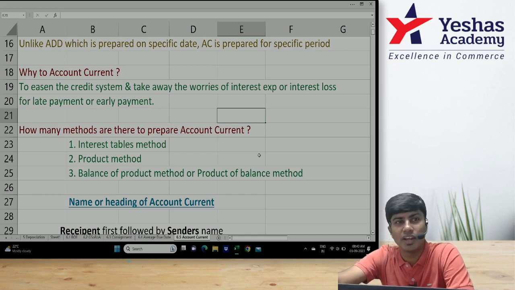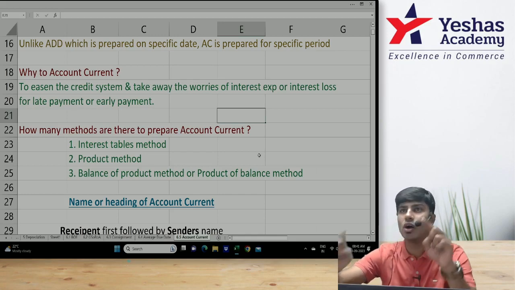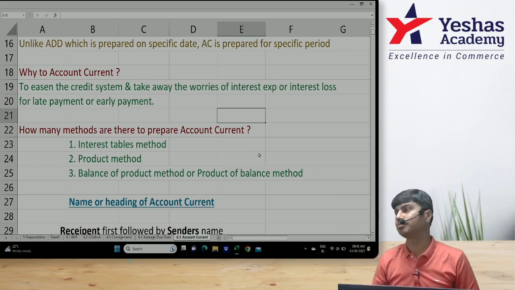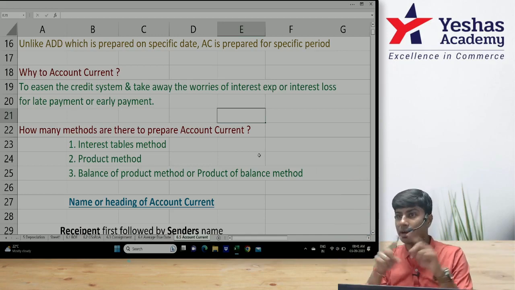Do you get this? For example, if I write Varun in account current with Diksha, who is the receiver? Very good. Who is the sender? So the account current is prepared by Diksha.